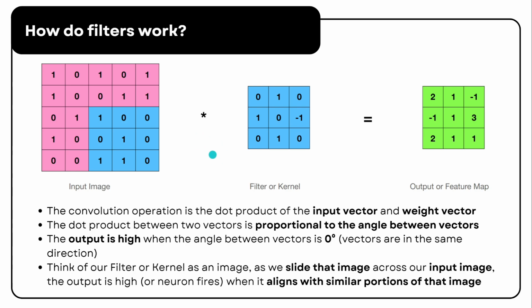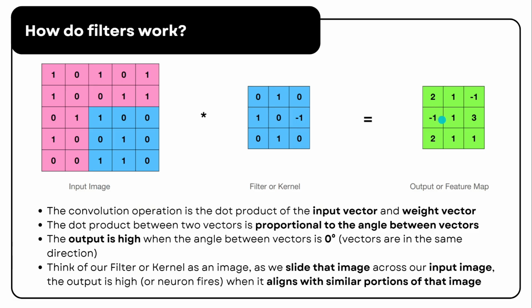So think of a filter as a small image that we slide across the larger input image. When the filter aligns well with a specific pattern, like an edge, it produces a high value in the feature map. That's what we see here.